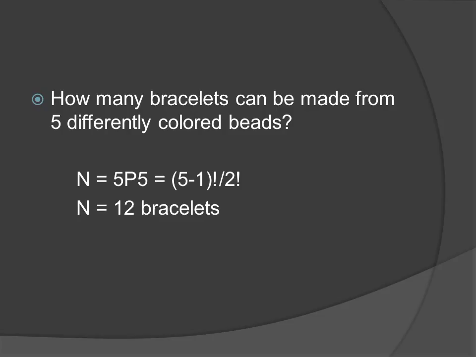The formula is the quantity n minus 1, factorial, divided by 2. We substitute 5 for n and then solve, and the answer is 12 bracelets.